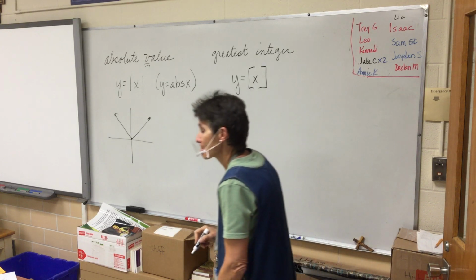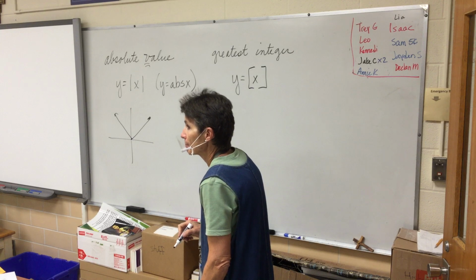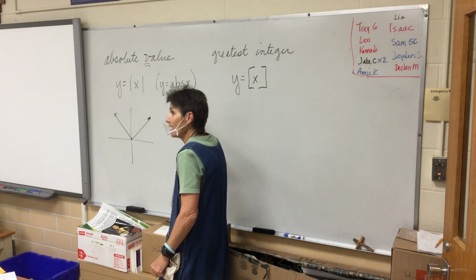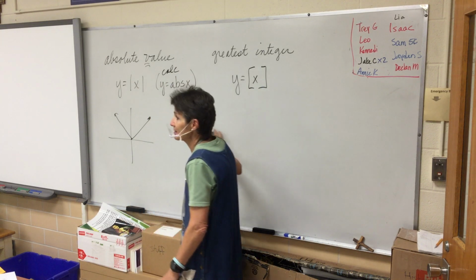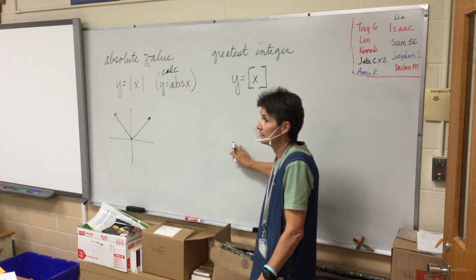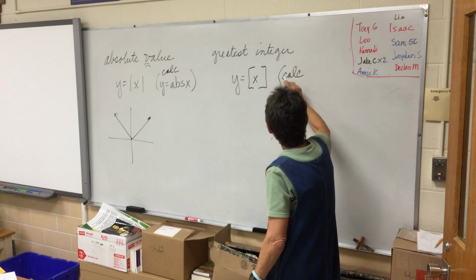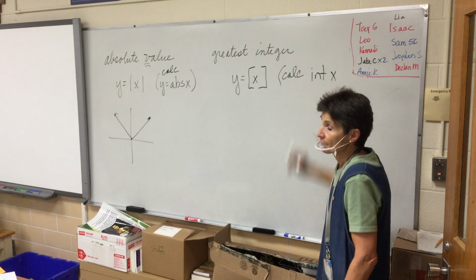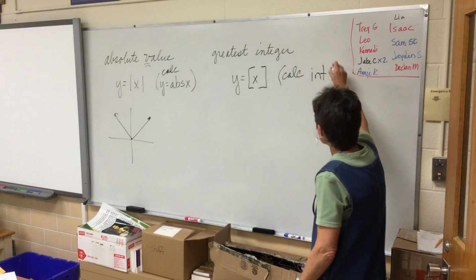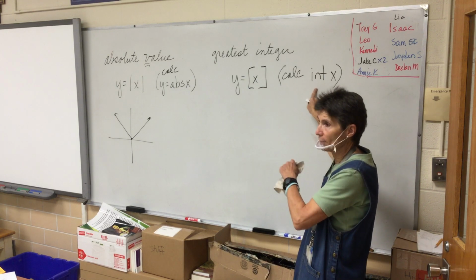The absolute value one, y equals absolute value x, is that just another way of doing it? That's what it says on your calculator. Same thing here. If you're using your calculator, this one is INTX. But you're not going to see that notation anywhere but on the calculator.